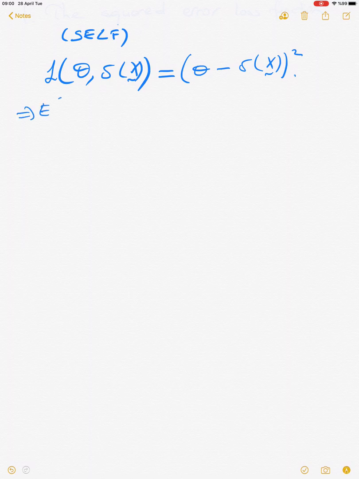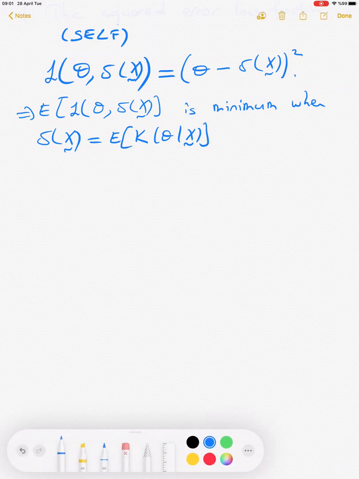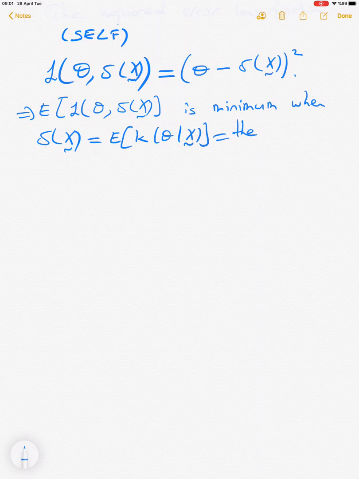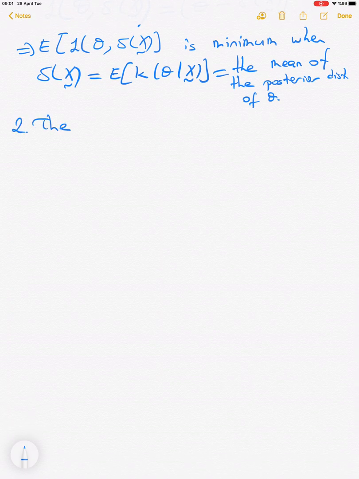So the expected loss, which is the risk, is minimized when we choose our estimator as the expectation of the posterior distribution, the mean of the posterior distribution of theta.